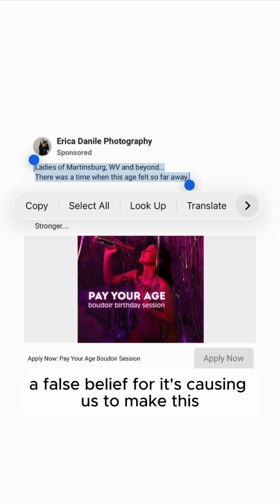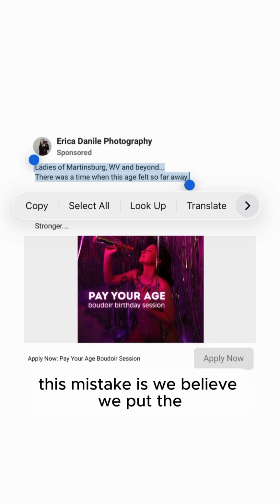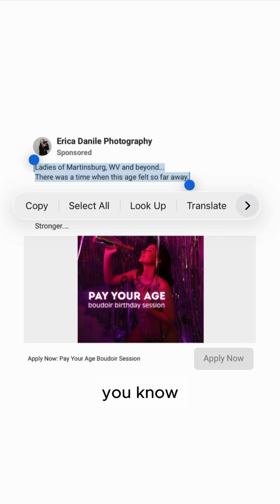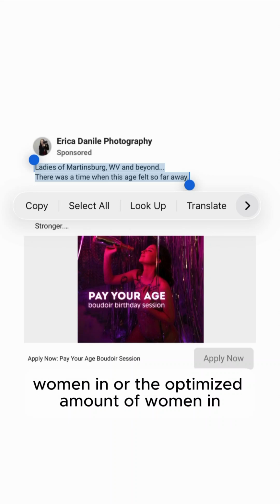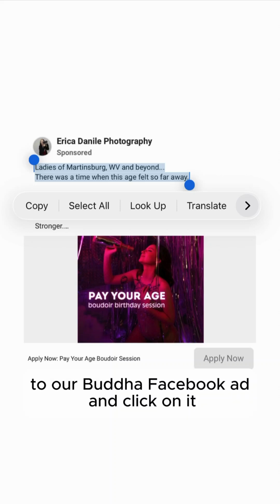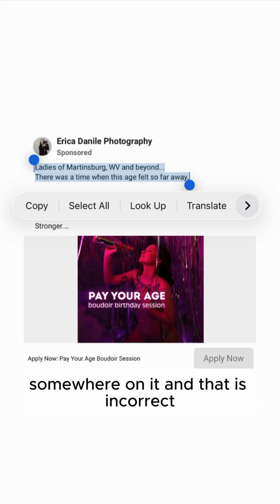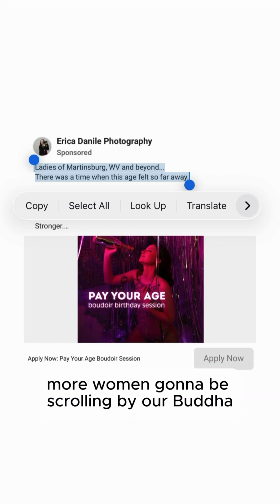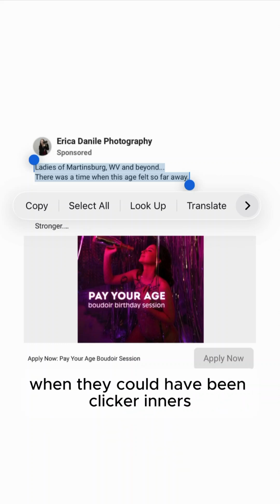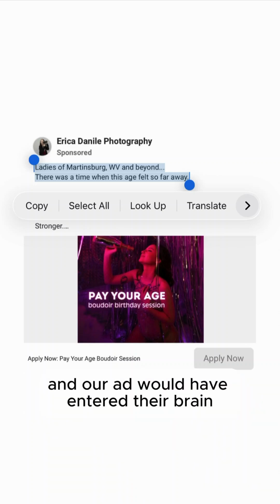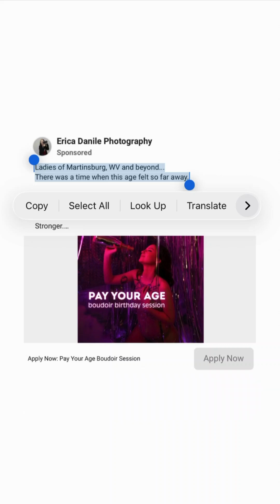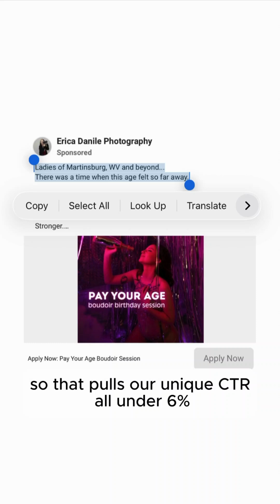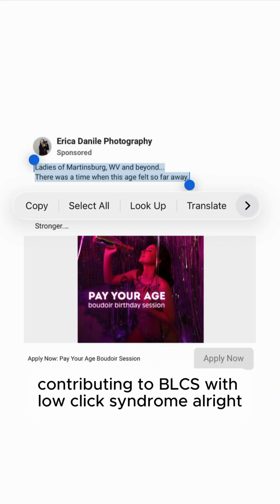The false belief that's causing us to make this mistake is we believe we put enough context in here to pull the maximum amount of women in, or the optimized amount of women in, to our Boudoir Facebook ad and click on it, and that is incorrect. So the consequence of this is way more women are going to be scrolling by our Boudoir Facebook ad than necessary, when they could have been clicker inners and our ad would have entered their brain, but they simply scroll on by and we waste that money. So that pulls our unique CTR under 6%, contributing to BLCS, boudoir low click syndrome.